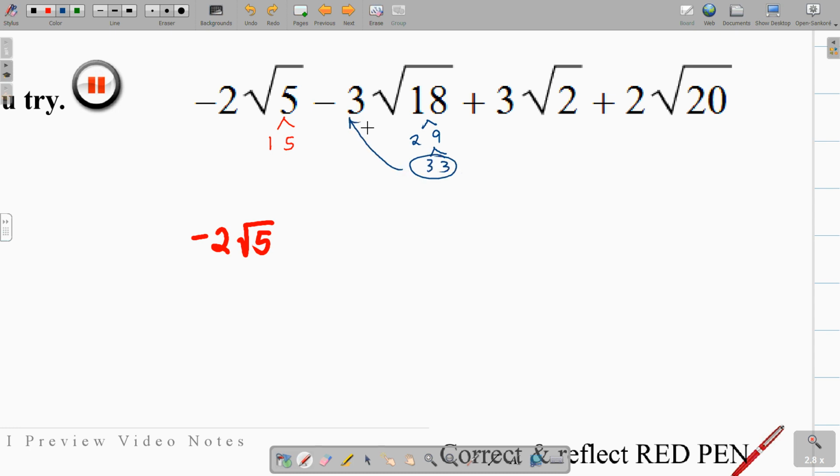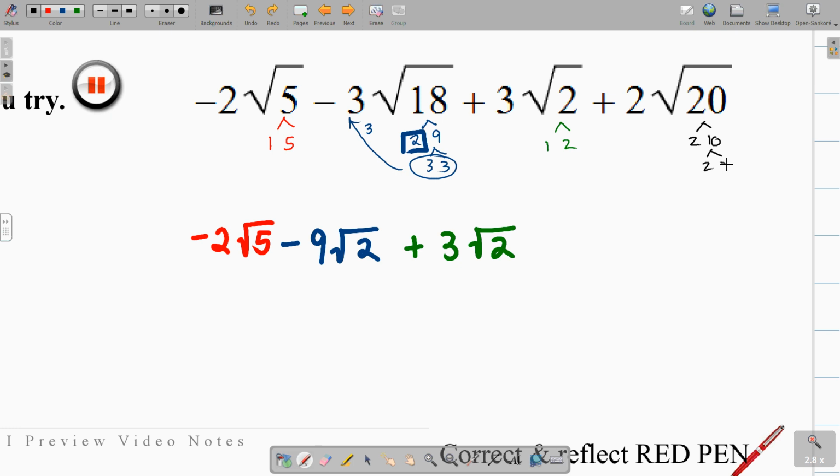Negative 2 plus 4, that's going to be 2 root 5. And then I'm going to collect the root 2's. Negative 9 plus 3, that's going to be negative 6 root 2, and we are done.